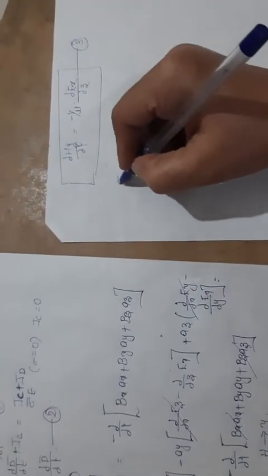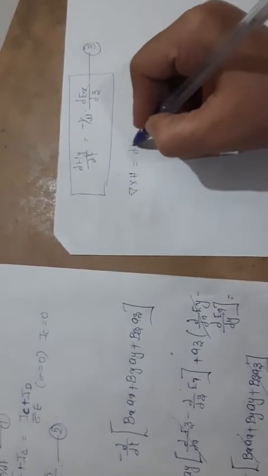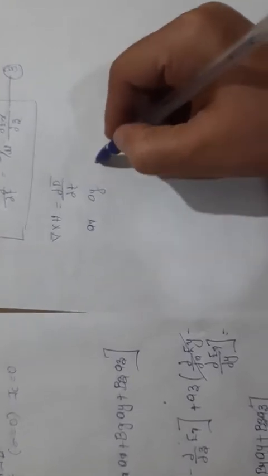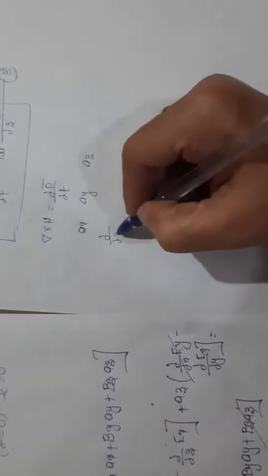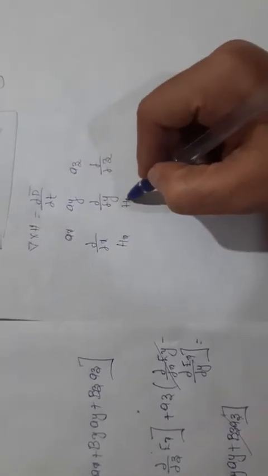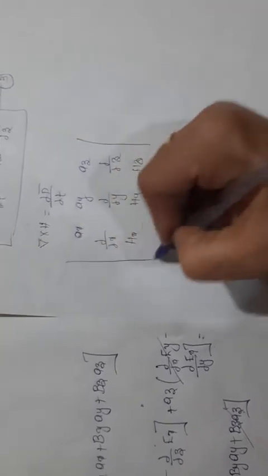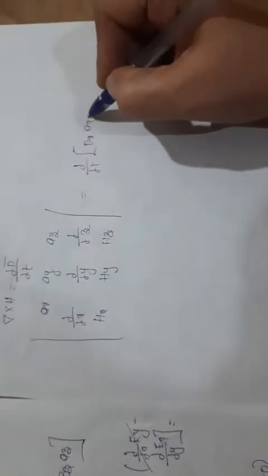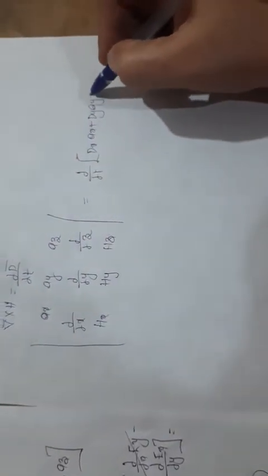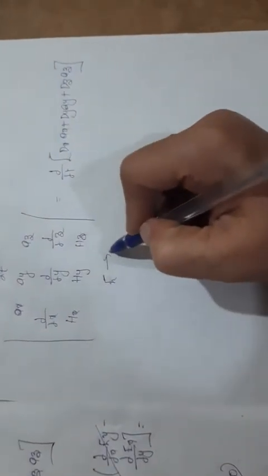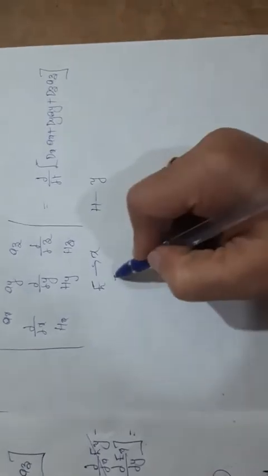Now similarly expand del cross H is equal to dou D by dou t. So I'll get Ax, Ay, Az, dou by dou x, dou by dou y, dou by dou z, Hx, Hy, Hz is equal to dou by dou t of Dx Ax, Dy Ay, Dz Az. Similarly, the electric field is along x direction and the magnetic field is along y direction.